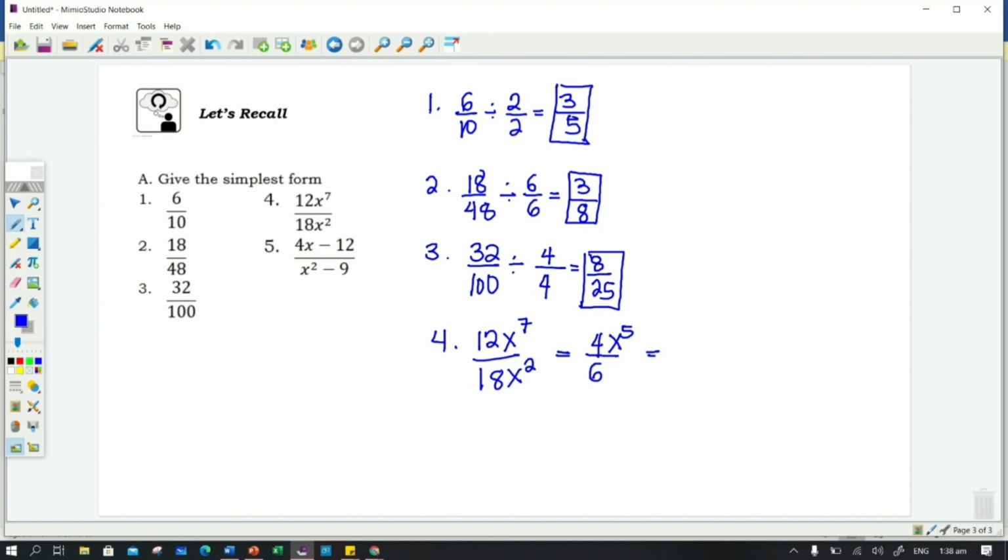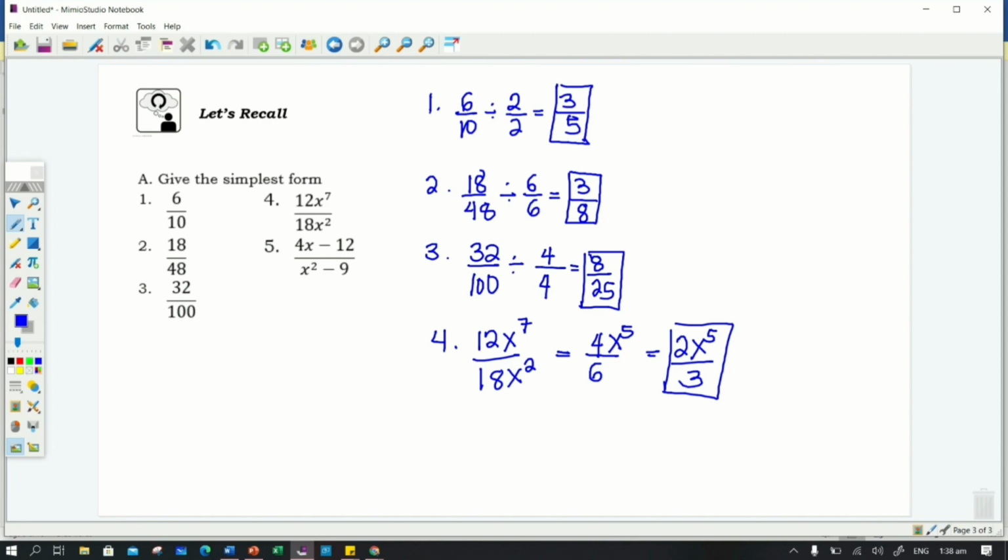So we can divide both sides by 2. So 4 divided by 2, we have 2x raised to 5, all over 6 divided by 2, that is 3. So the lowest term of 12x raised to 7 all over 18x raised to 2 is 2x raised to 5 all over 3.